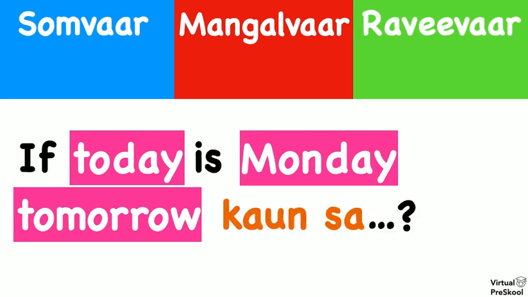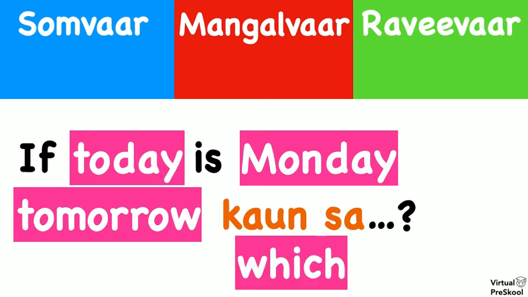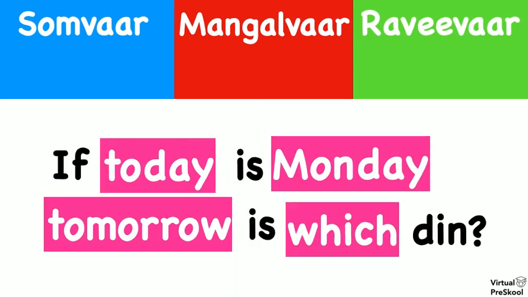All right, what does kaun sa mean? Kaun sa means which. So we have, if today is Monday, tomorrow is which din? So now we have to figure out the last word to get the full question translated. What does din mean? We reviewed this earlier.